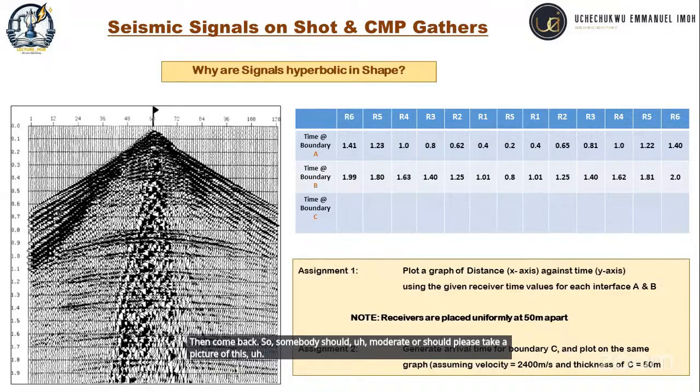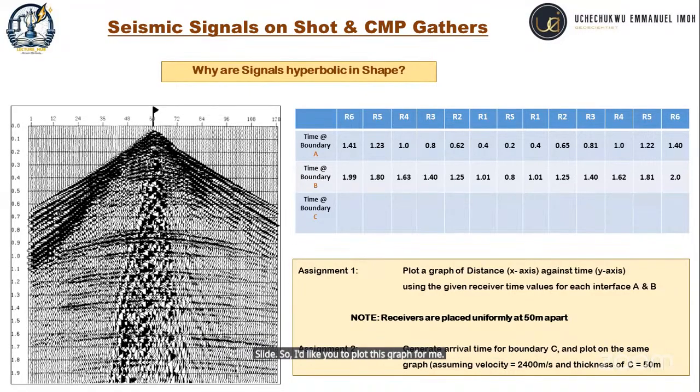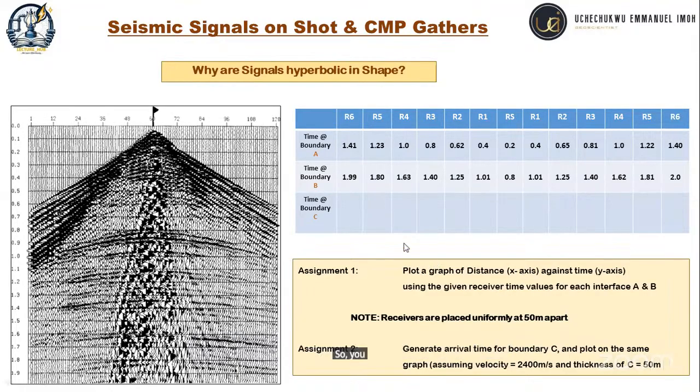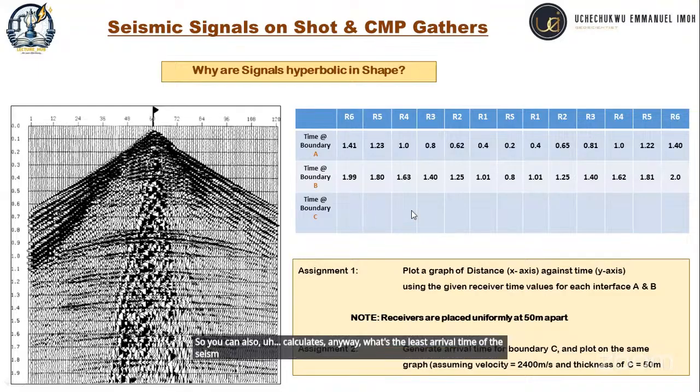I'd like you to plot this graph for me, which depicts the arrival time of your seismic wave to different receivers on different boundaries. We already know how reflection occurs, so we are not dealing with that. So you can also interpolate, calculate anyway, what the arrival time of the seismic wave will be on boundary C.